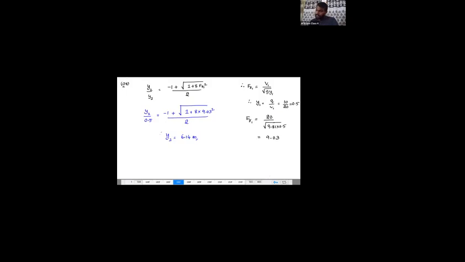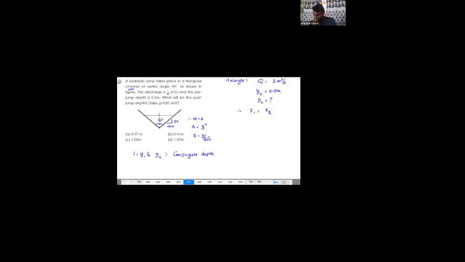Okay. So now you see F1 is equal to F2, then Q square by g A1 plus A1 Z1 bar is equal to Q square by g A2 plus A2 Z2 bar. Now, in the case of the triangle, when m is equal to 1, area is equal to Y square.